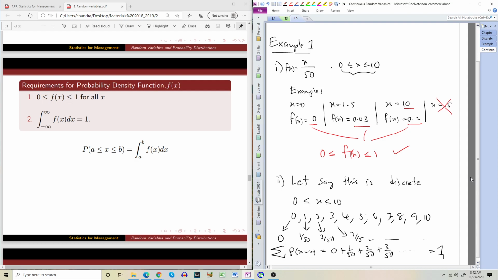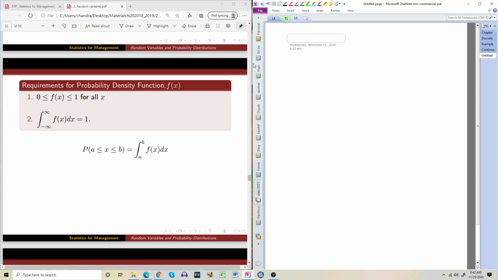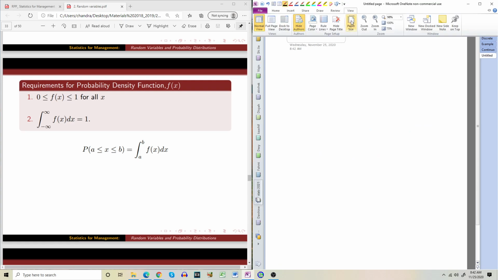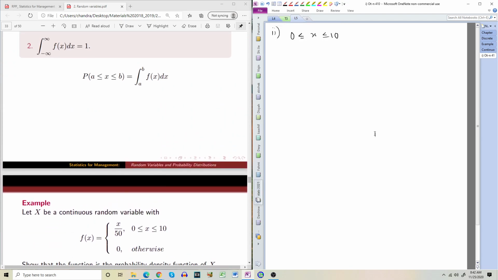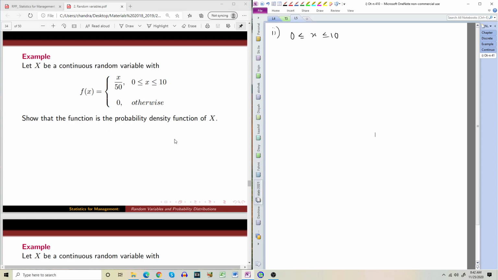Okay, I'm going to the next page. Now this is not discrete. This is continuous. Continuous means the x value is here. We still are going to prove the summation is 1, but in this case we cannot use the same method as discrete, because if continuous, there are infinitely many values.